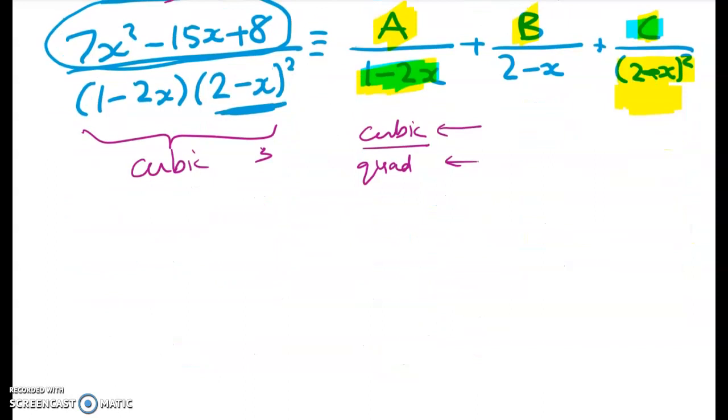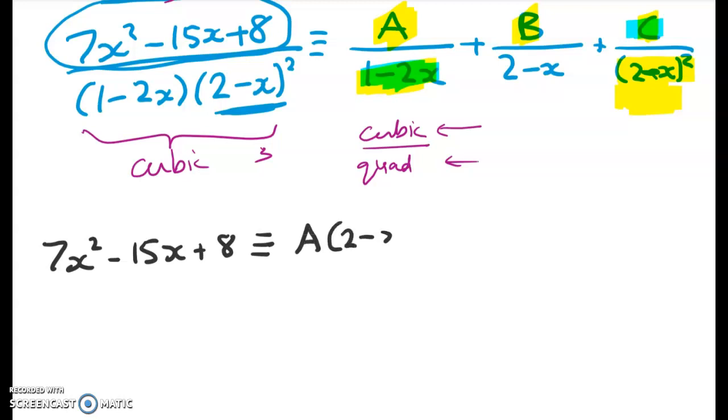So now what we're going to do is we're going to find a, b and c. We've got 7x squared minus 15x plus 8 is identically equal to a times (2 minus x) squared plus b. So I'm looking at this one here. B is over 2 minus x.